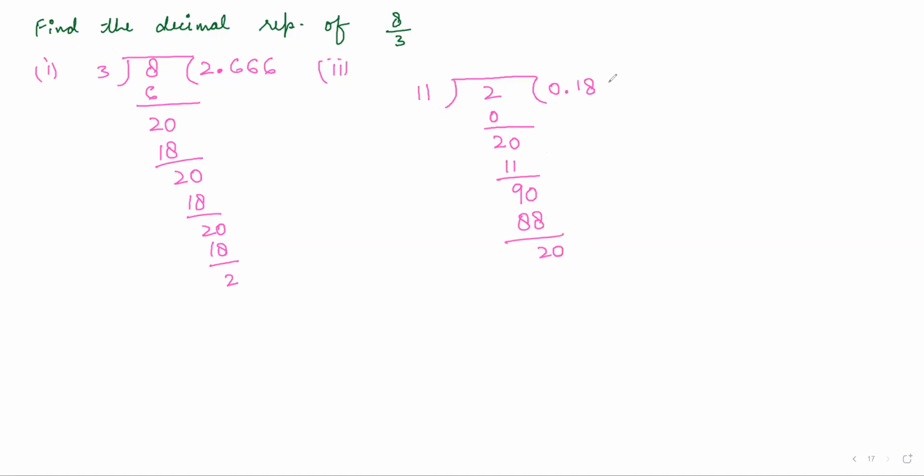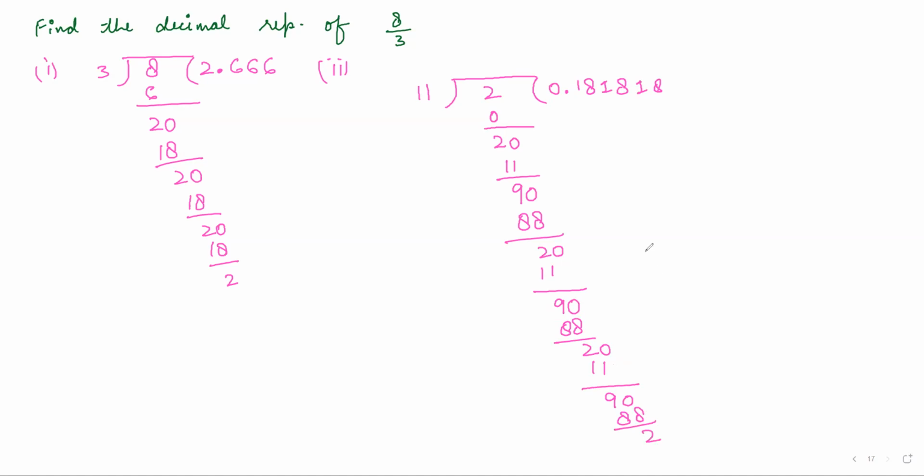Put again 0. 11 into 1 is 11, right? So again you get 9. Make it 90. 11 into 8 is 88. So 2, make it 0. Then again 11 into 1 is 11. So again you get 9, make it 90, then 88. Again you get a remainder 2, right?